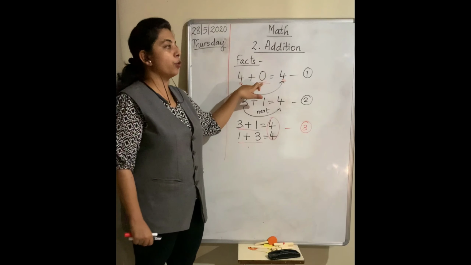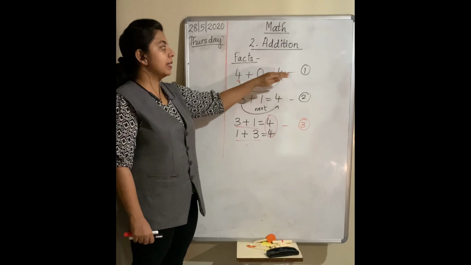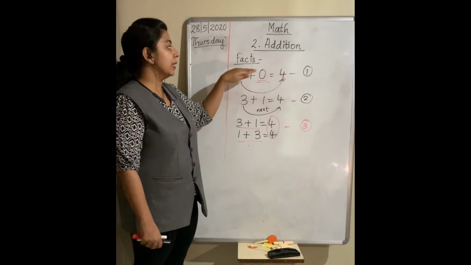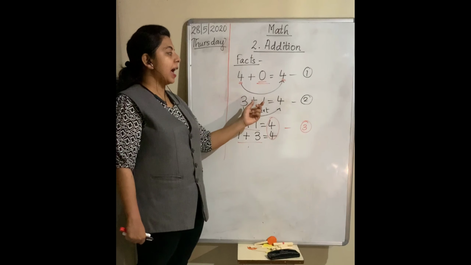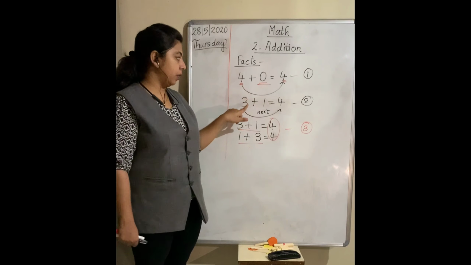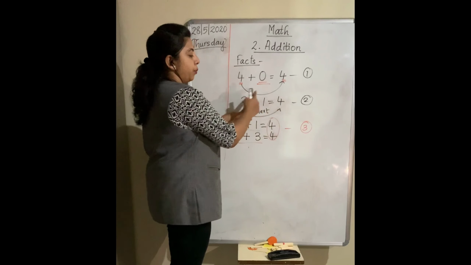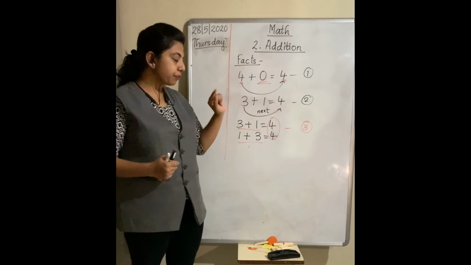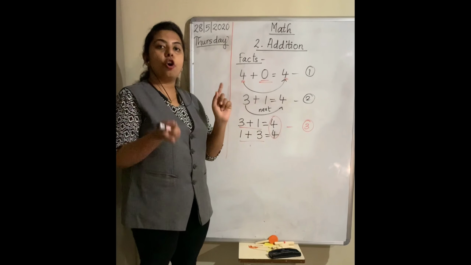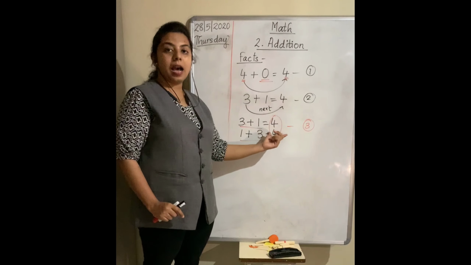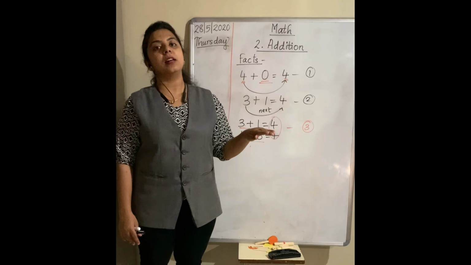If we add 0 to any number, the sum is going to remain the same as the number. Then next, if we add 1 to any number, the sum is going to be the next number. And fact number 3 is, even if we change the order, the answer remains the same.